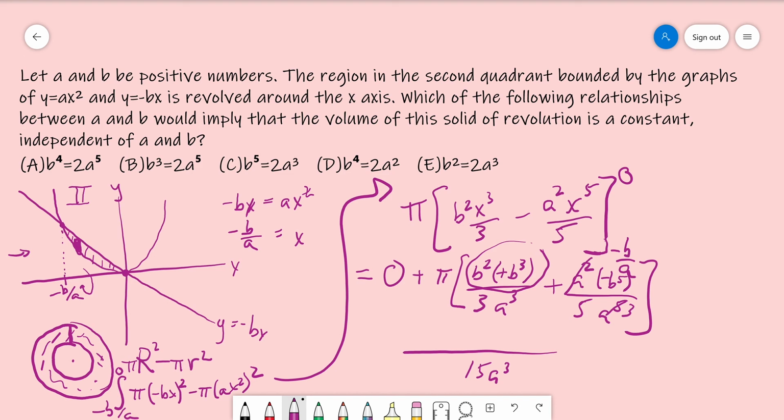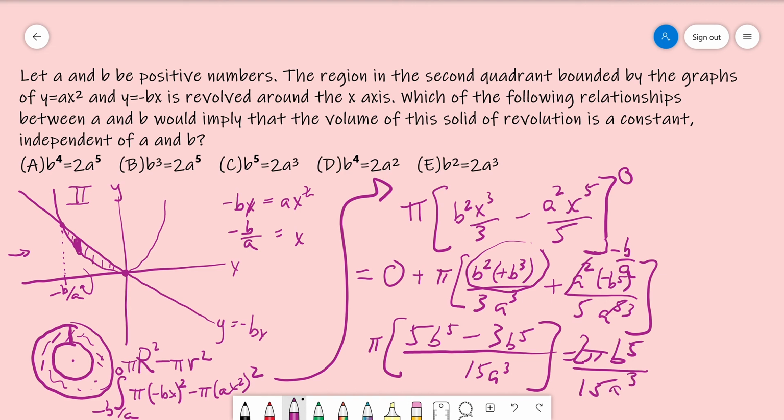So we're going to have b squared times b cubed is b to the 5th, and we have to multiply that by 5 to get the common denominator. Actually it's going to be a minus here because of this minus sign. And we're going to have to multiply 3 times b to the 5th. Okay, and pi is out here also. So this is going to be pi. 5 minus 3 is 2. B to the 5th, all over 15 a cubed.